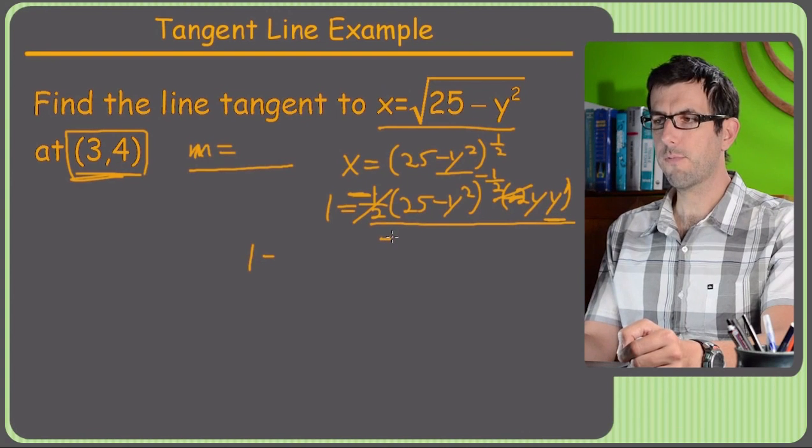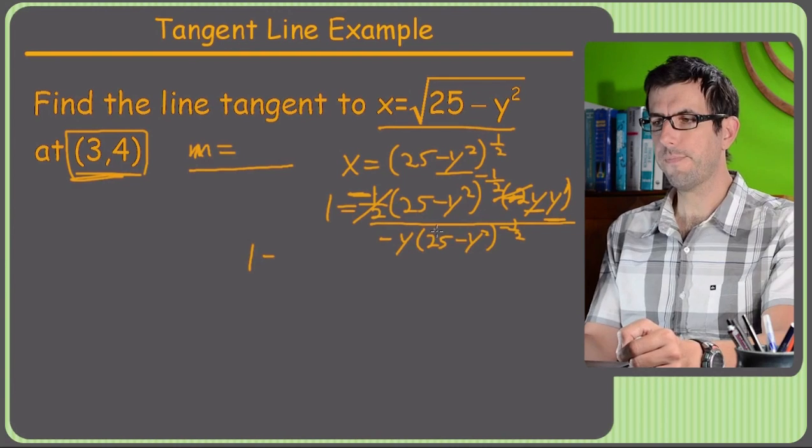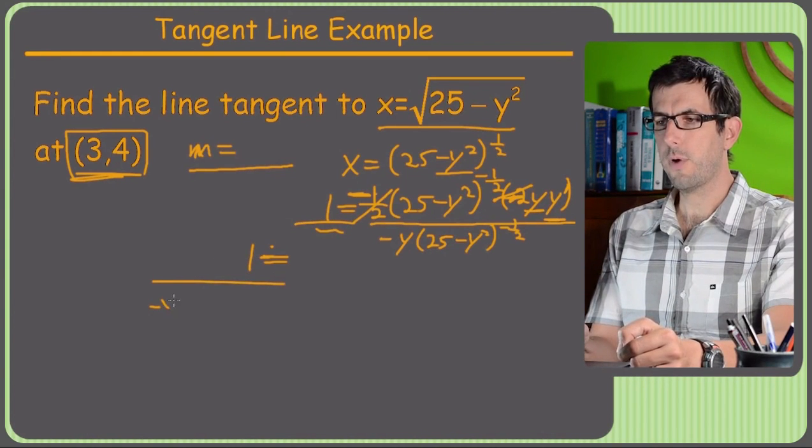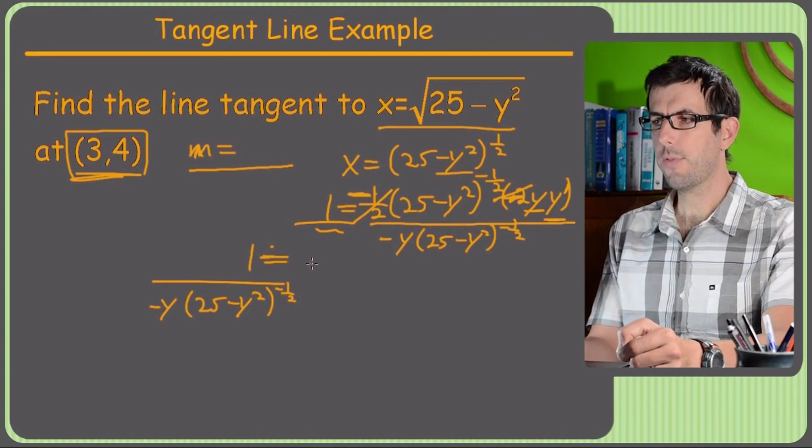So I've got to divide by negative y times (25 - y^2)^(-1/2), and divide the other side by the same thing. So I get 1 over negative y times (25 - y^2)^(-1/2), and all that is equal to the only thing that's on the right side anymore, which is y prime.